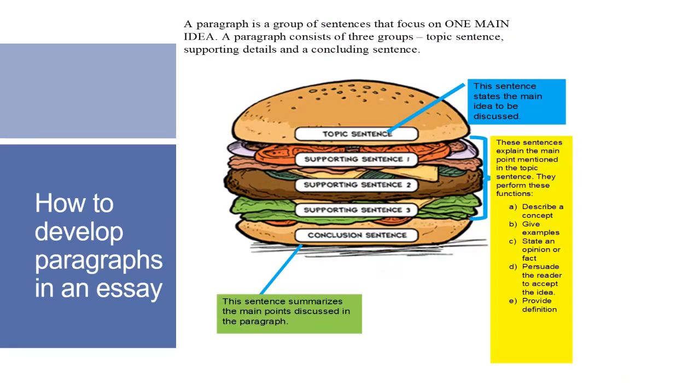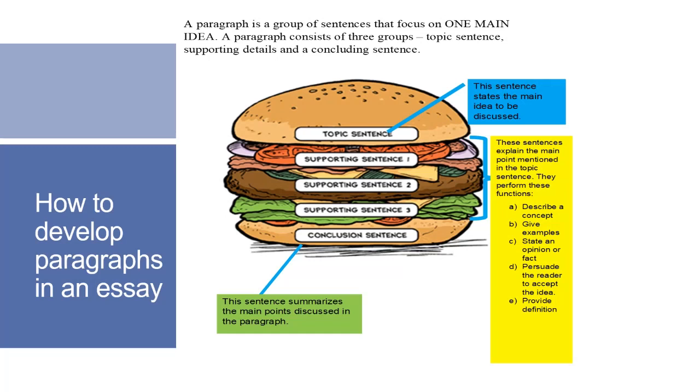Now let's look at how you should develop the paragraphs for an essay. Bear in mind that a paragraph is a group of sentences that focus on one main idea. And a paragraph consists of a topic sentence, supporting details, and a concluding sentence. Imagine that a paragraph is a burger, and you must have had a burger. What are the parts of a burger? So you have the bun, which is cut in 2 halves, and inside that you'll have the vegetables, the cheese, and the meat portion.